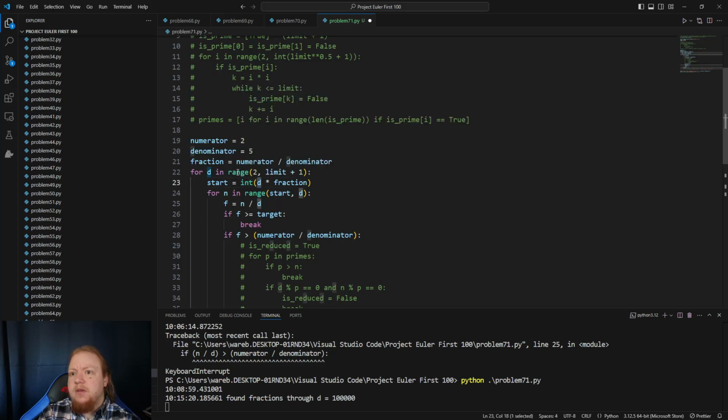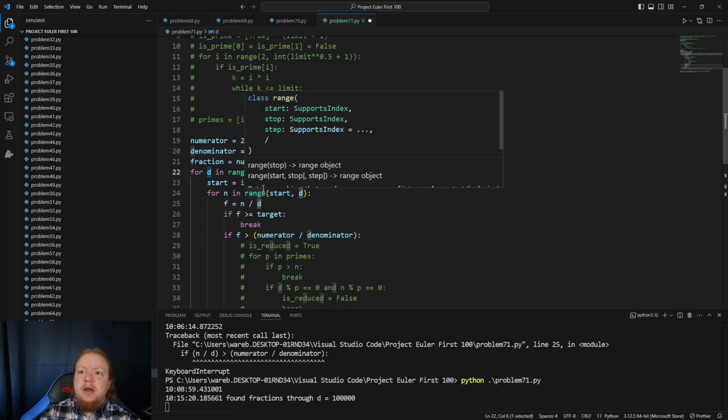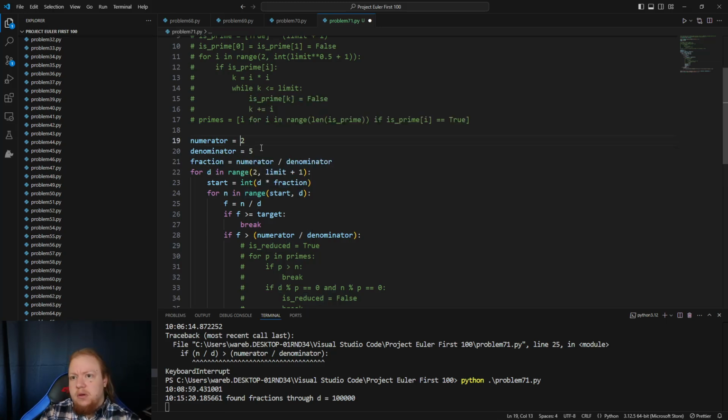So let's say when d gets to equal 6, 6 times 0.4 would be like 2.4. The int of that would be 2.